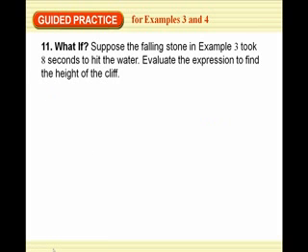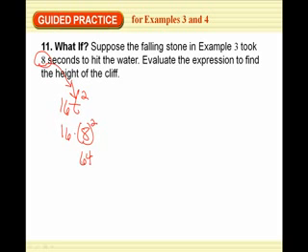Looks good. Okay, the guided practice, last one. Suppose the falling stone in example 3 took 8 seconds to hit the water. Evaluate the expression to find the height of the cliff. Well, if you remember, if you want to look back on example 3, they gave us 16 t squared, and t is the number of seconds. So here it's 8. So we're going to put an 8 in right there. So 16 times 8 squared. 8 squared is 64 times 16.